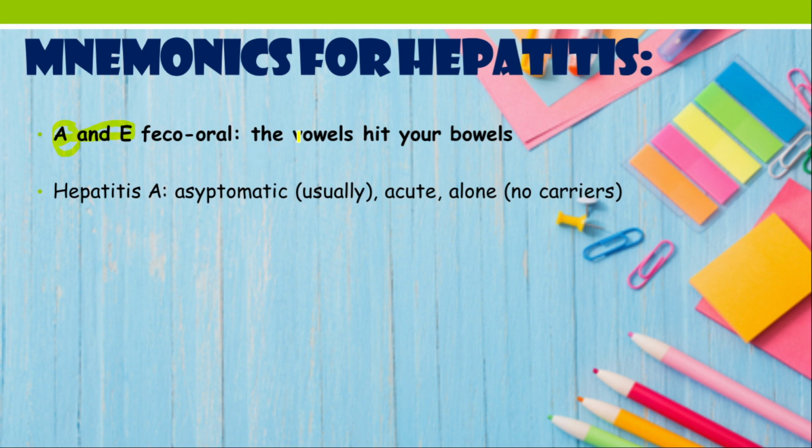So you can remember that the vowel hits your bowel. Then comes hepatitis A. You can remember it as A3. So first is asymptomatic usually, and it presents in an acute phase, and it appears alone, that is, there will be no carrier state in case of hepatitis A.